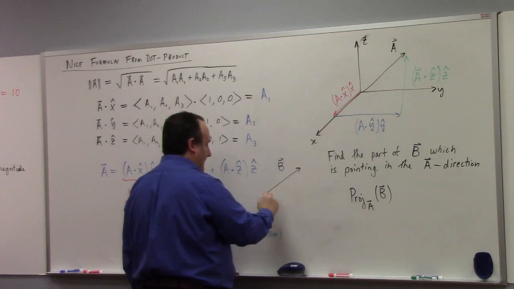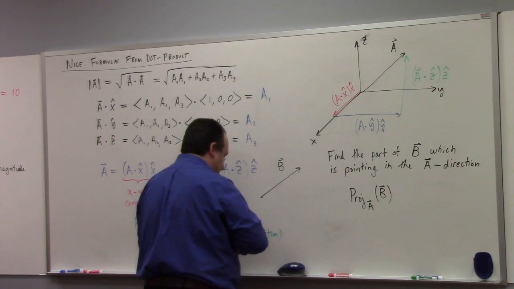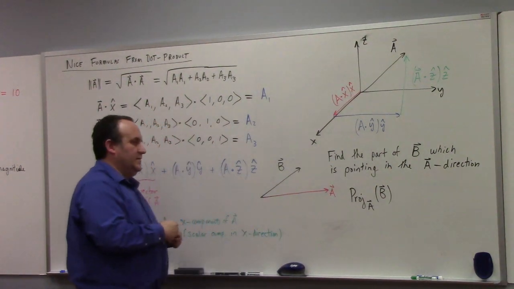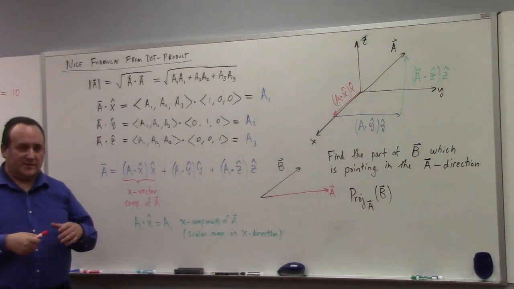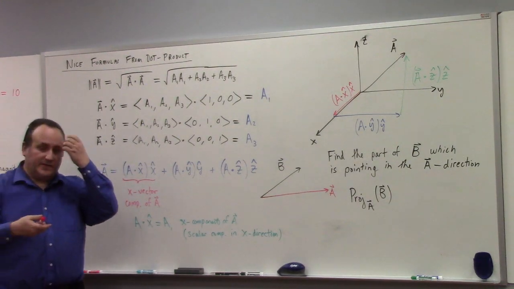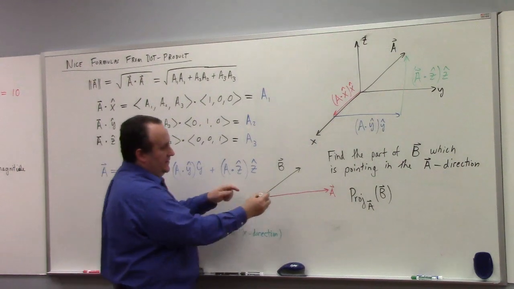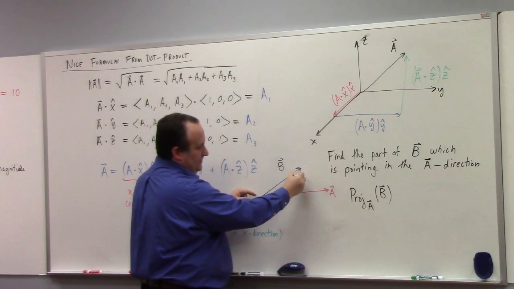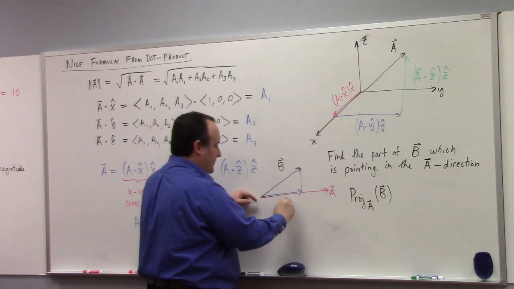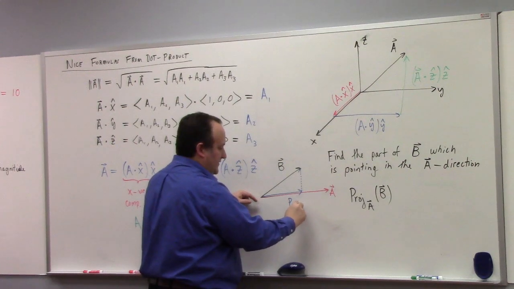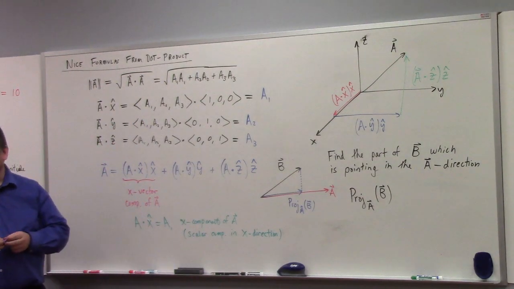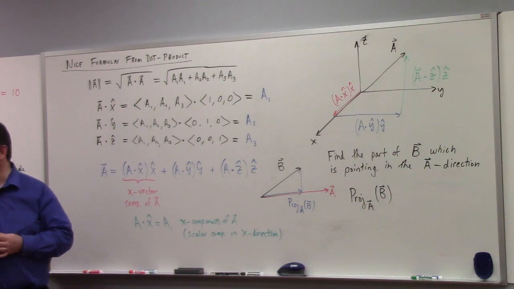Here's B. All right? And here's A, let's say. So what I'm describing right now is the part of B which points in the direction of A. So if I draw that in the picture, if you draw a perpendicular to A like this, right? Then this is the vector I'm after. That would be projection in the A direction of B. What's the formula for it? Any ideas?